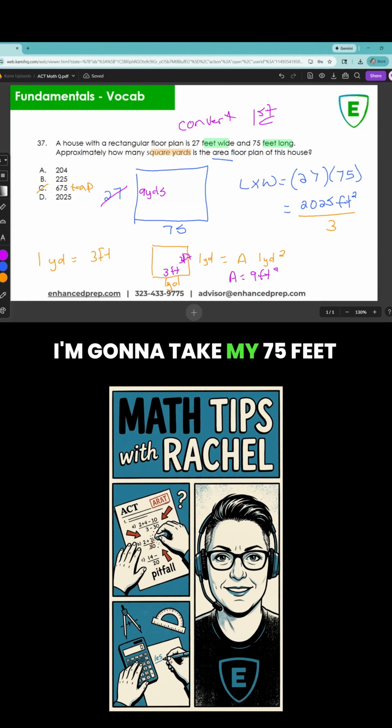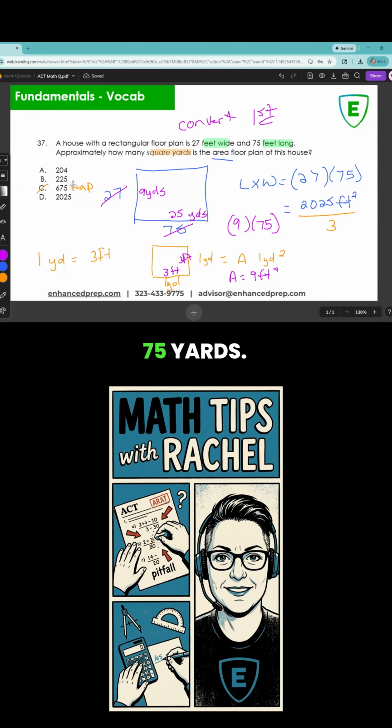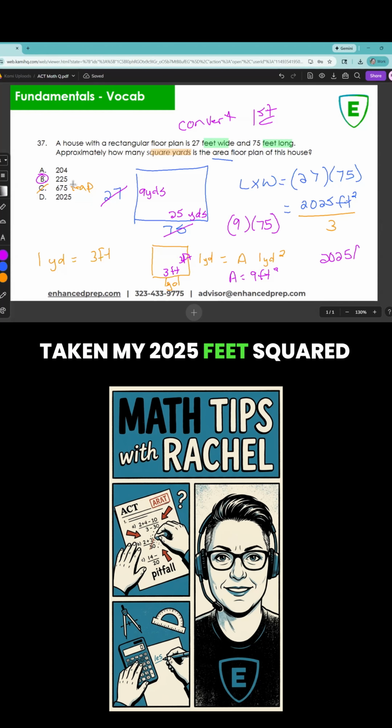I'm going to take my 75 feet and I'm going to divide that by 3 to turn that into my number of yards. So I now have 9 yards by 75 yards. And I know that that's going to come in at 225. Notice that if I would have taken my 2025 feet squared and divide that by 9, I would end up with that same answer of 225.